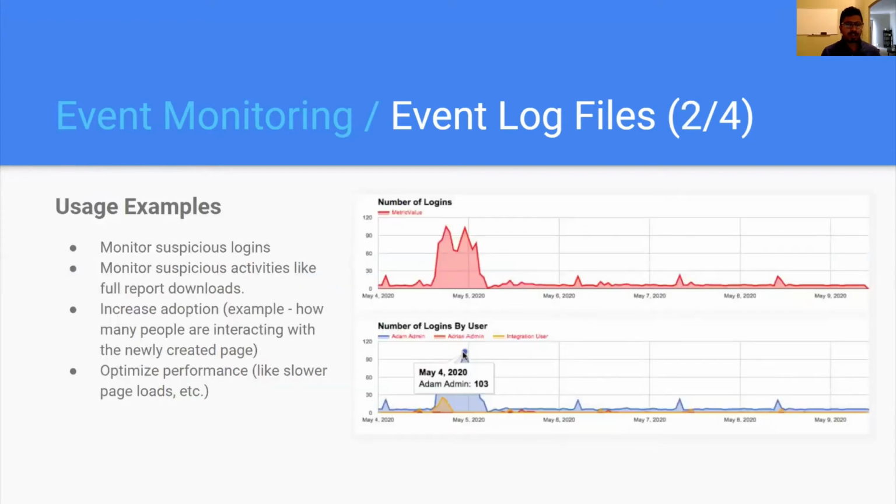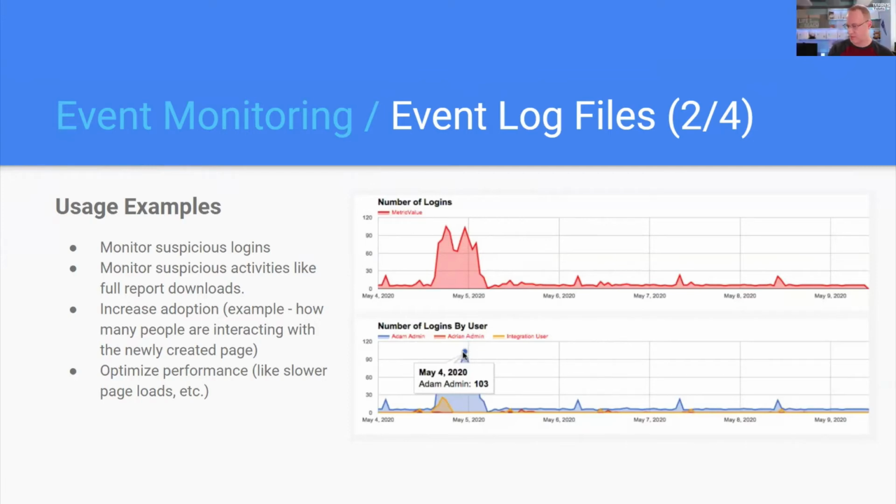So some of the use cases where you can leverage event log files is if you're trying to monitor some suspicious logins, like in this graph, you can see that on May 4th towards the evening, there was a lot of login activity, which looks abnormal. So then you can go into the details like which user logged in, how many number of times, something like that.